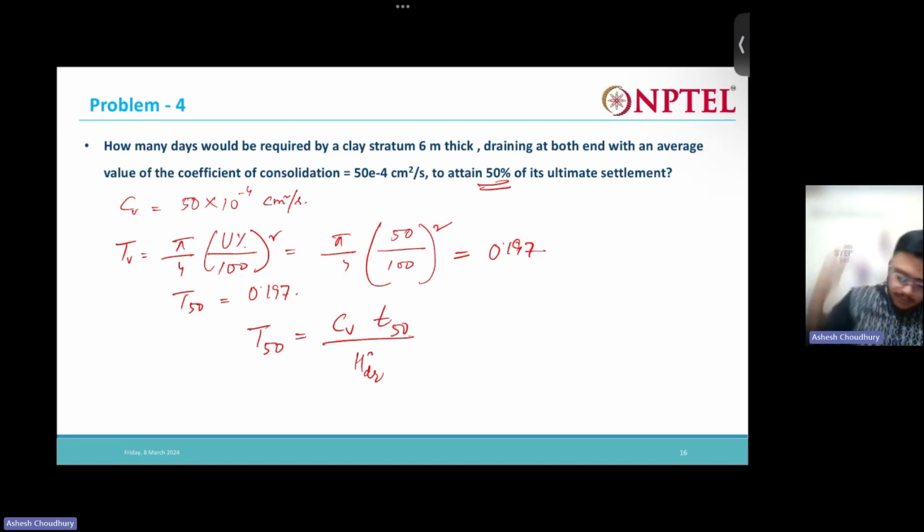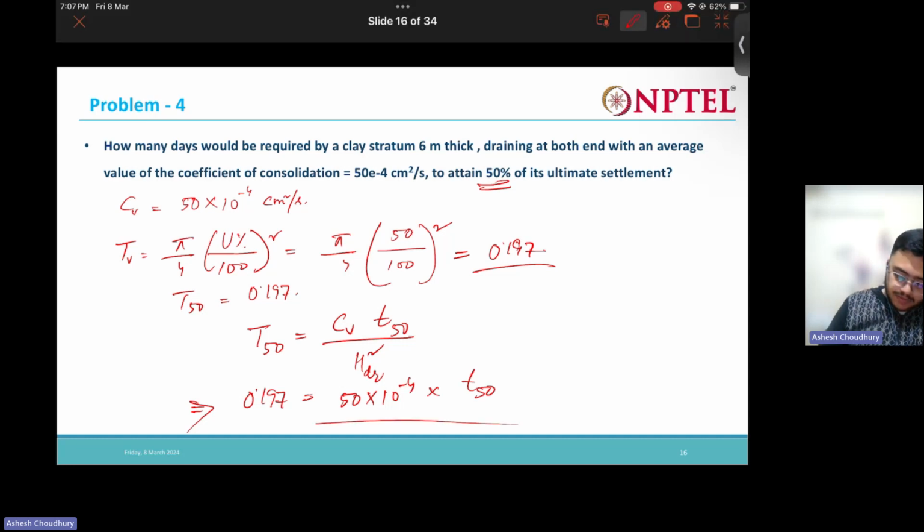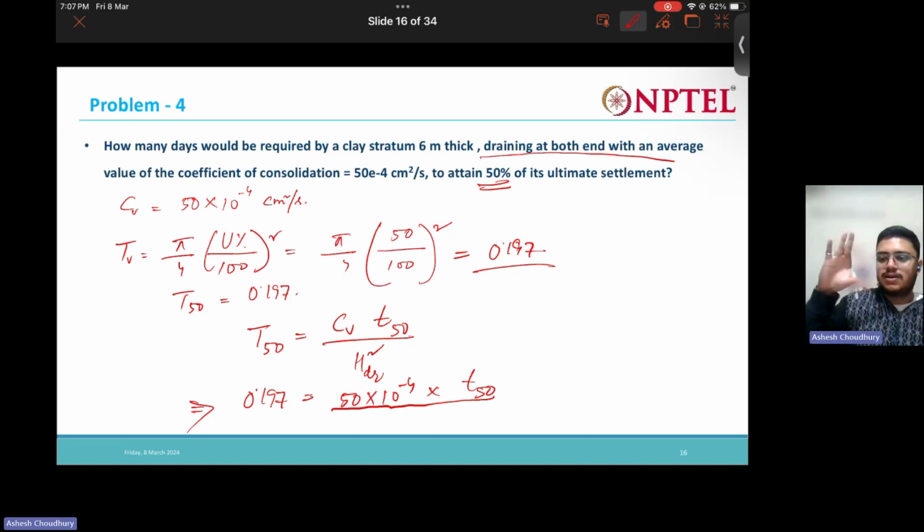So from here, T50 is 0.197, CV is 50 into 10 to the power minus 4, and T50 we need to find. What is H drainage? Here it is draining at both ends, a double drainage case, so half of the thickness of the layer will be the drainage path.